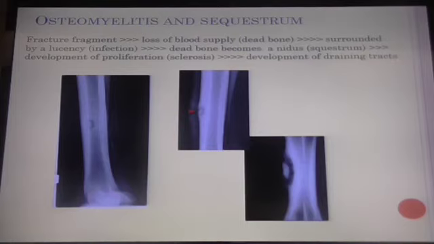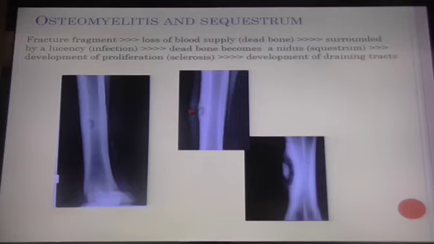So if you have a soft tissue component and then there's infection, now the fracture fragment becomes the nidus or the sequestrum, the infection around it, and the developing draining tracts.